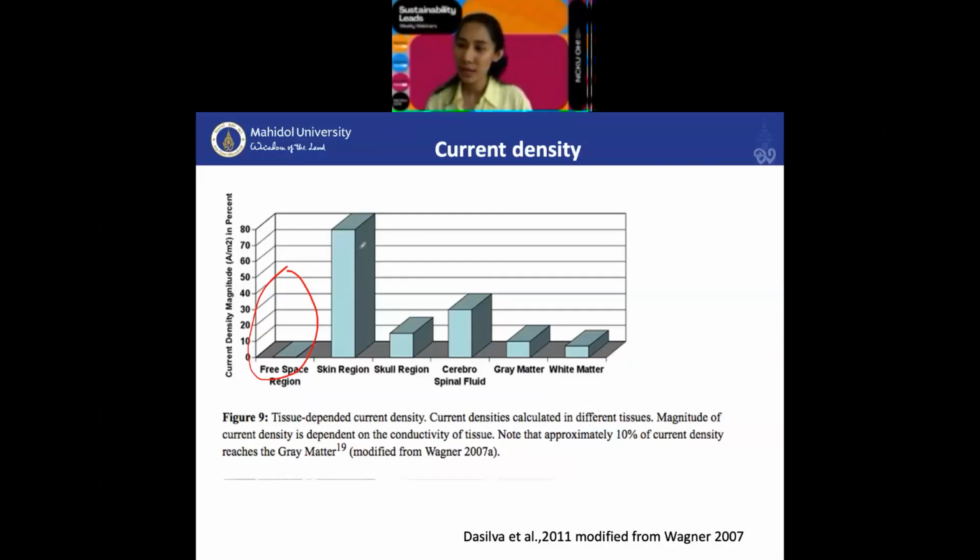It can pass skin regions, yes. Skull, yes. CSF, yes. As you can see in the fMRI study, gray matter, yes, and white matter. Gray matter is very important because we hope that it can reach the neuron. So it's located in gray matter. So at least you can see that tDCS, with very small current intensity, can reach brain structure, right?